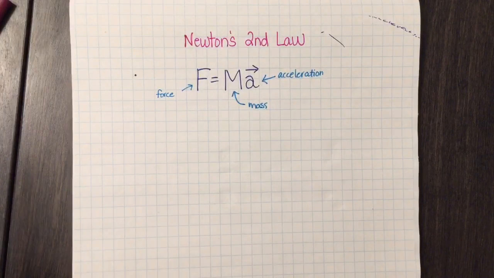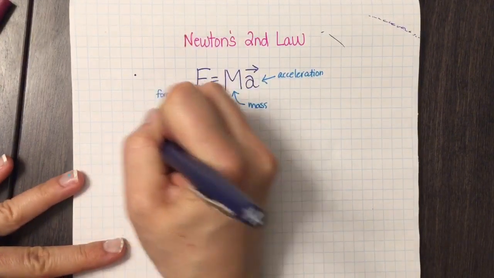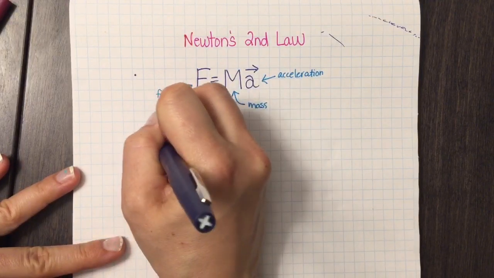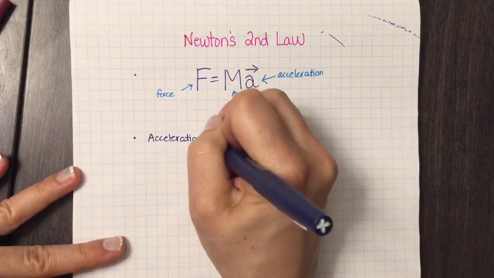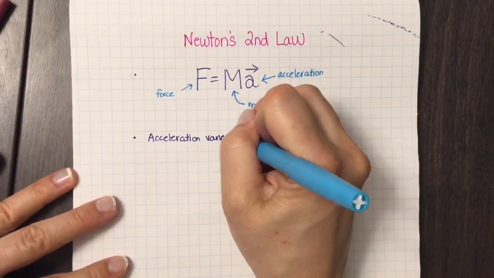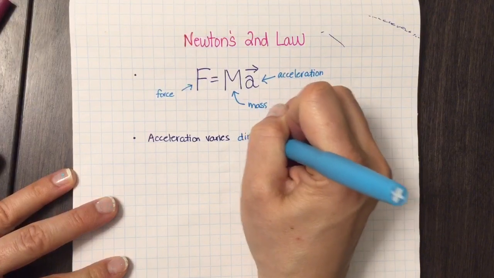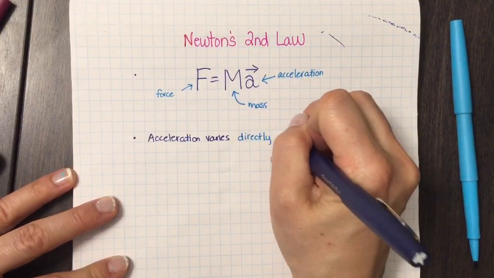There's a direct relationship and an inverse relationship, or opposite relationship. Okay, so the first point says acceleration varies directly, oh, look at that color change, with the amount of force applied.